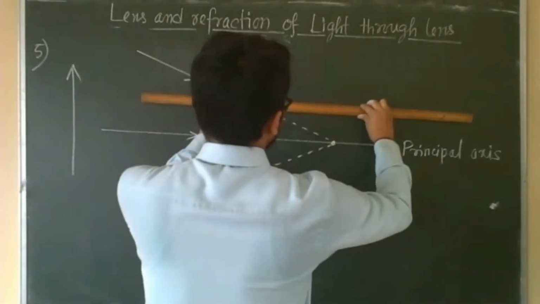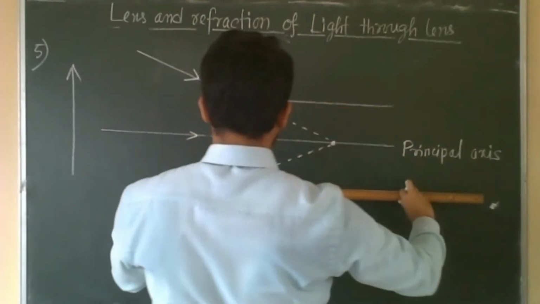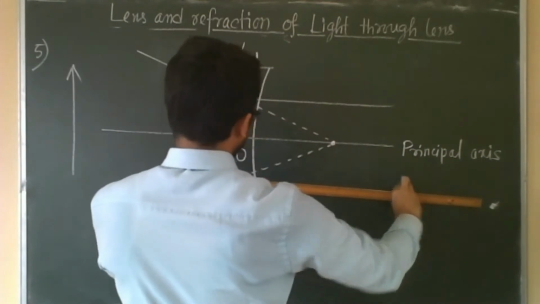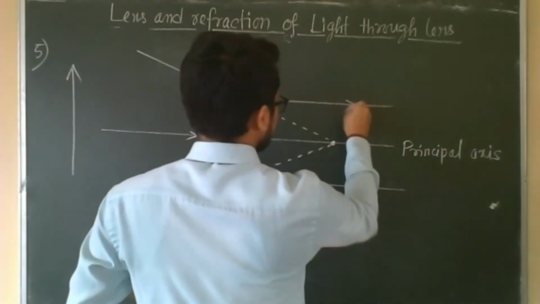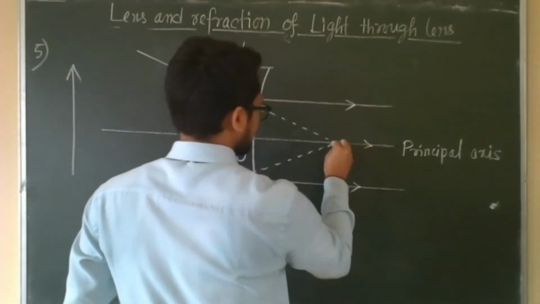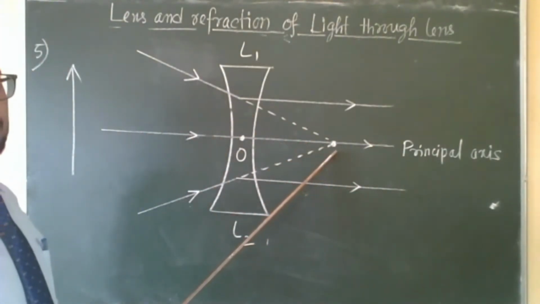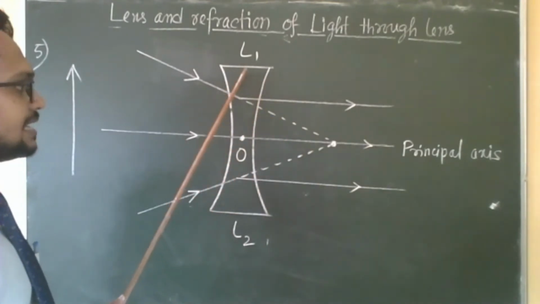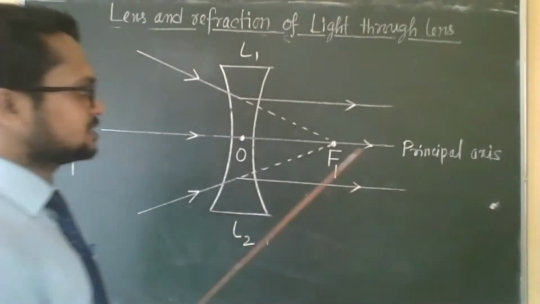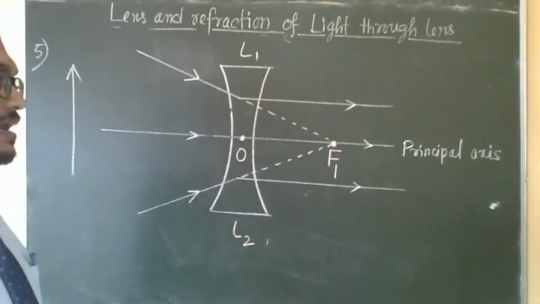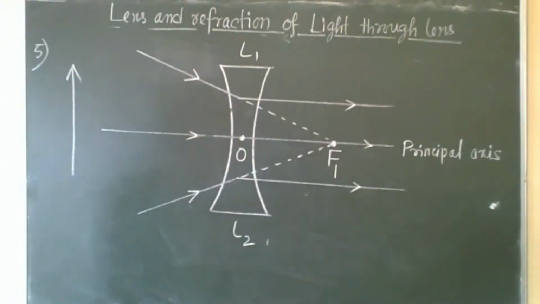After refraction, if they are parallel to the principal axis, then this point, at which light tends to meet if we do not keep the lens, is called the first focus. For first focus, the refracted light will be parallel. Here, the first focus is lying on the right side.